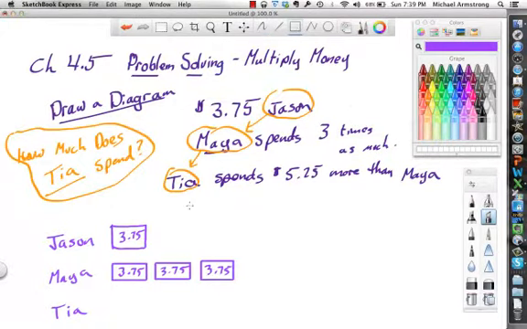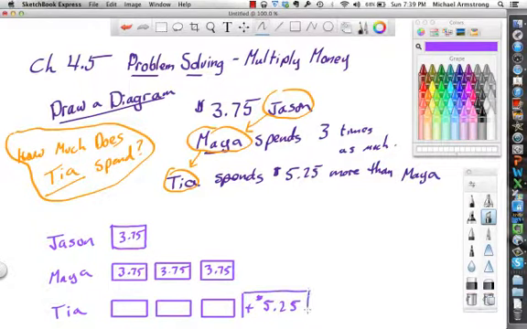So we have to remember that Tia spends the same amount as Maya, which means that she spends 3 times Jason. Okay, but then she also spends another $5.25. Now they put a box around this too, but I'm not sure we need to do it exactly like they did.